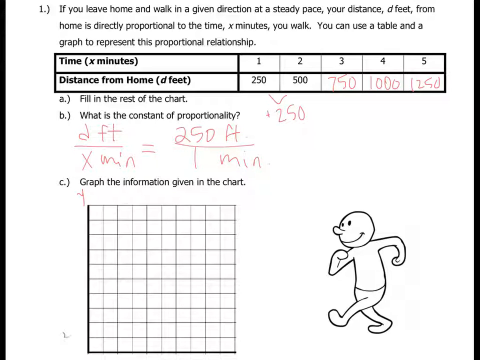So the first one is 250, then 500, 750, 1,000, 1,250, 1,500, and 1,750, and so on. At 1 minute, you go 250, and so on, and it makes a proportional graph where if you were to connect those dots, it would make a straight line.